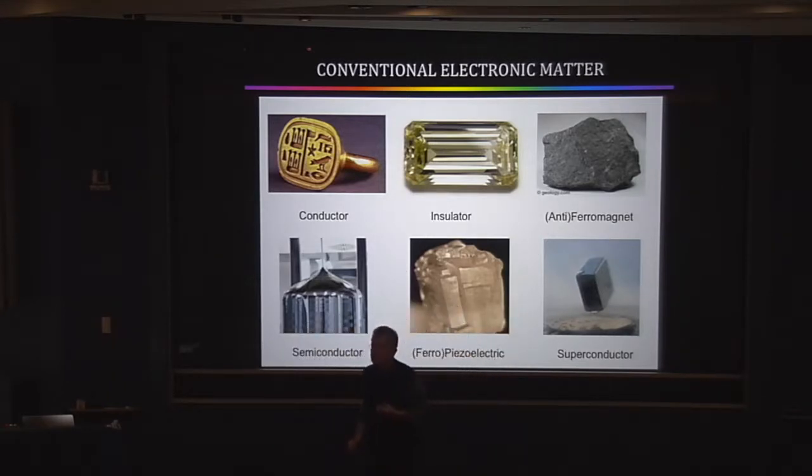It's lodestone. Chinese have at least been aware of that for about 3,000 years. In Western society, for more than 1,000 years, we've used magnetic materials. Semiconductor, Michael Faraday discovered semiconductors in 1840, but they didn't become economically important until around 1960, as you all know.